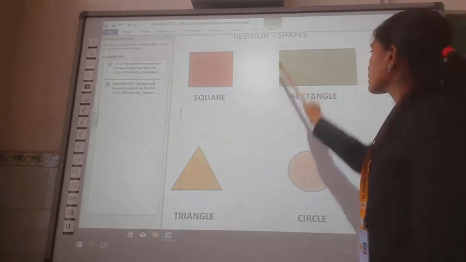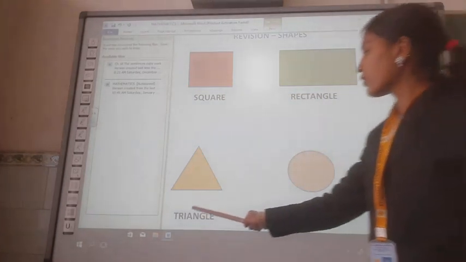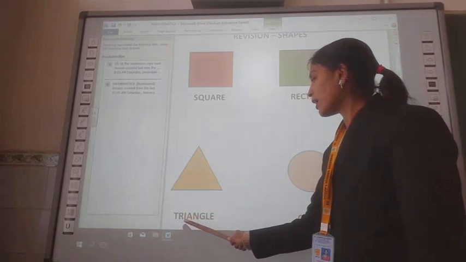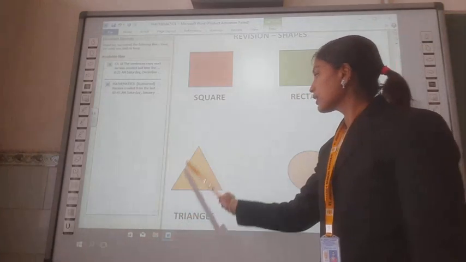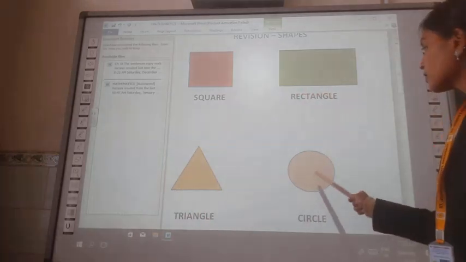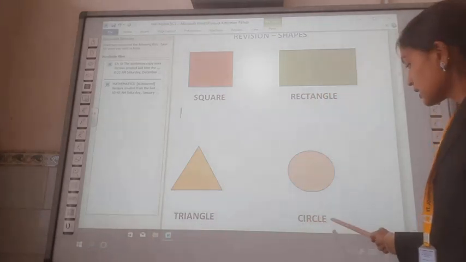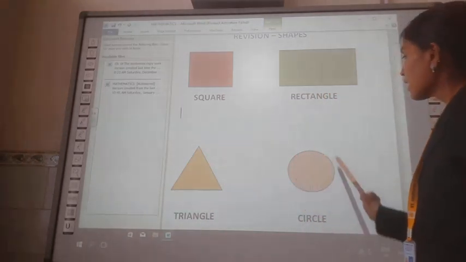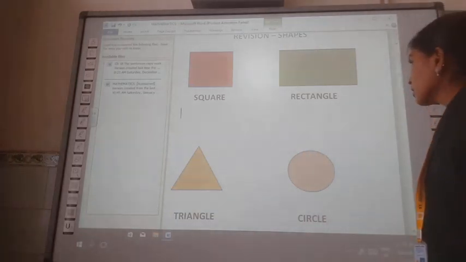It also has 4 sides. Then triangle, T-R-I-A-N-G-L-E, triangle. It has 3 sides. Then a circle, C-I-R-C-L-E, circle. It is round in shape. It has no sides.